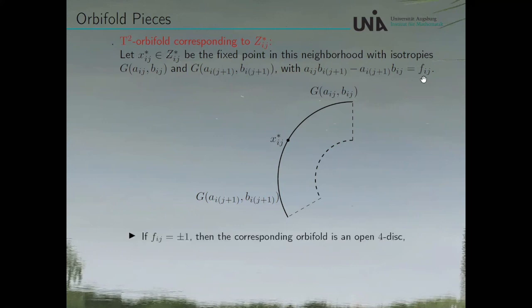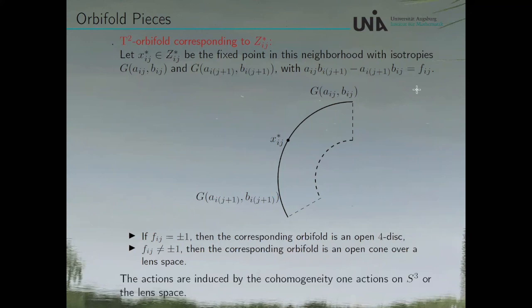And this Fij, this determinant, again helps us to define the desired orbifold with the desired action. So if this Fij is 1, the orbifold that I construct is in fact an open disk. If it is not 1, the orbifold that I construct is a cone over the lens space. And the actions are nothing but the induced action from cohomogeneity 1 actions.